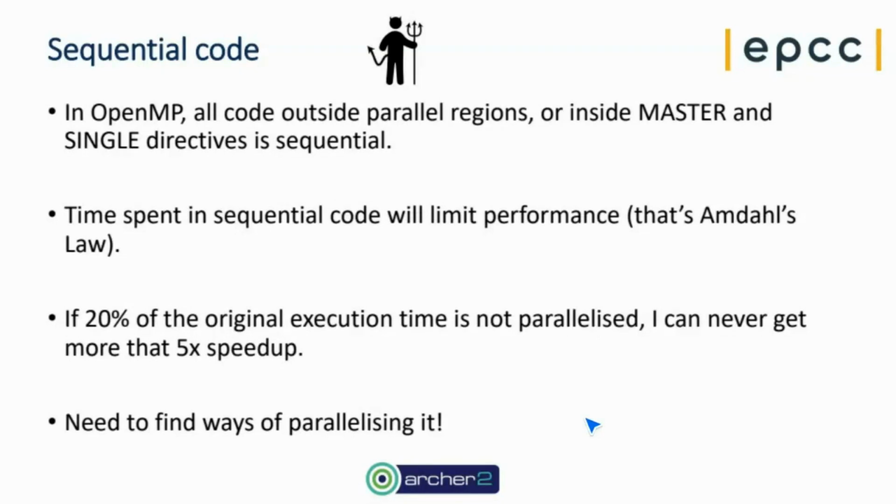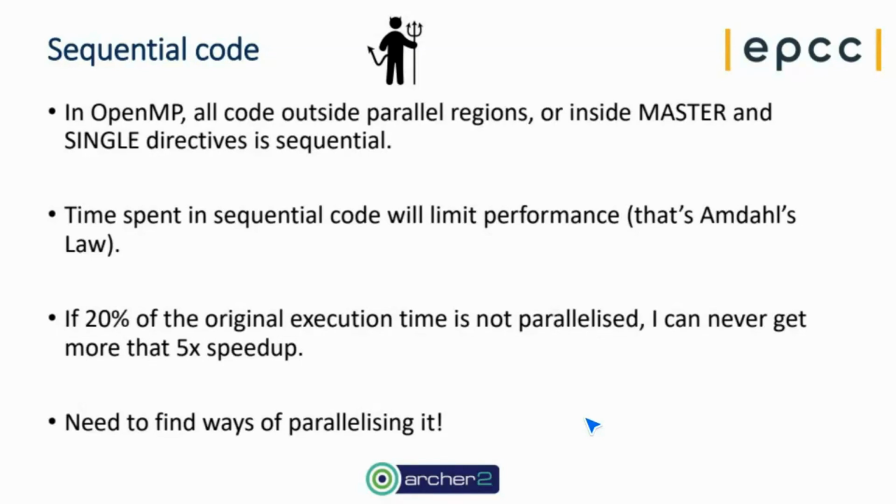And the time that you spend in sequential code will limit performance. That's just a simple statement of Amdahl's law. So for example, if the code that accounts for 20% of the original execution time is not parallelized, then I'm never going to get more than 5 times speed up from that code.